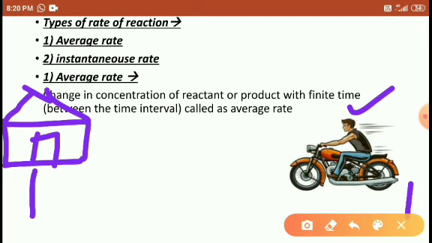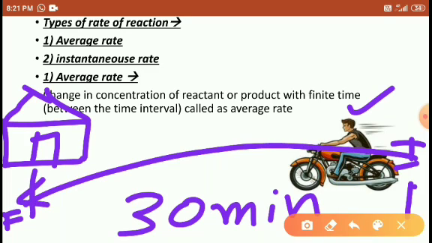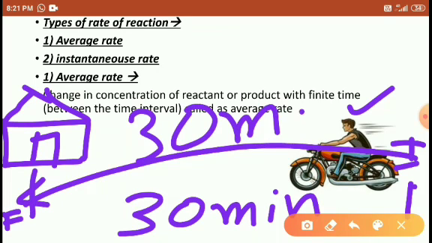For reaching from his house to school, he needs 30 minutes. For example, I am taking here 30 minutes. So this is the initial point and this is the final point. To reach from the initial point to the final point, it needs 30 minutes. So that's why, students, this is the finite time.